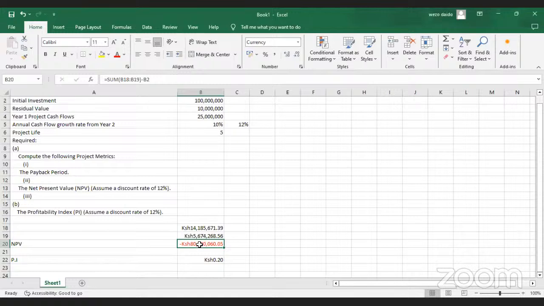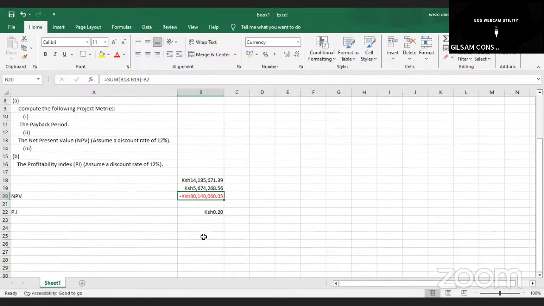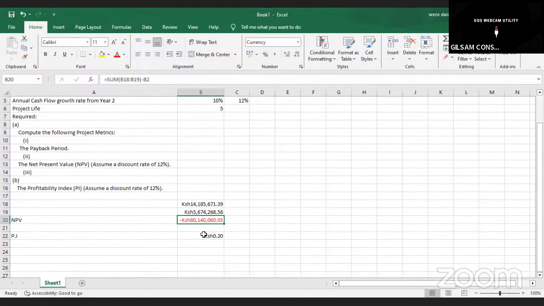So if they don't ask for Excel formulas, then you have to look at the marks. If it is 10 marks, then you have to prepare a schedule which will have year 1, 2, 3, like that, and then the cash flow for each year.